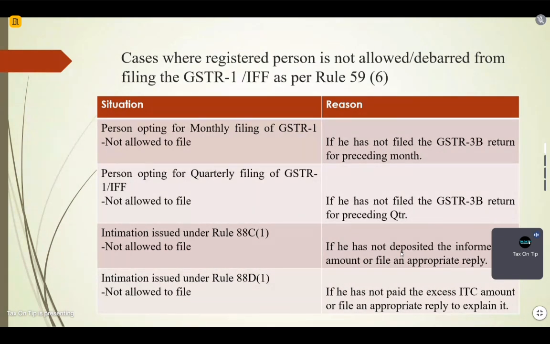Okay, now the person opting for the quarterly filing of GSTR-1 or the invoice furnishing facility is not allowed to file either the IFF or GSTR-1 on a quarterly basis if he has not filed the GSTR-3B return for the preceding quarter. ओके, तो अगर उसने प्रीसीडिंग क्वार्टर में भी सिमिलर सिचुएशन में क्वार्टरली ऑप्ट किया हुआ है and he has not deposited the tax to the government, then again in that case he is not allowed to file the GSTR-1 of the quarter, and if he is using the IFF facility, then he is not allowed to file the IFF till he has filed the GSTR-3B for the previous quarter.